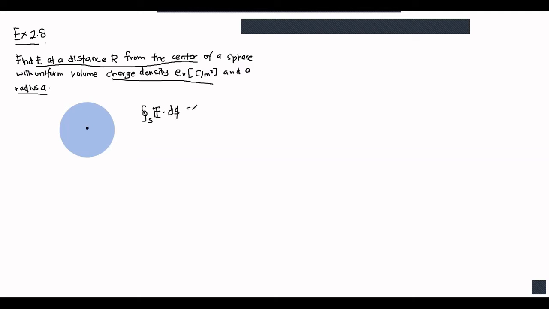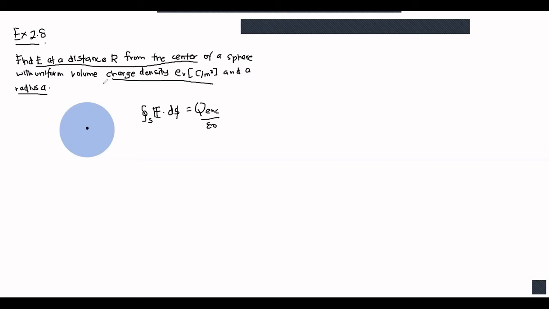As usual, the equation is given as the closed integral of E dot dS equals Q enclosed over epsilon 0. First, this is a volume charge distribution, so it doesn't state whether it is a positive or negative charge.